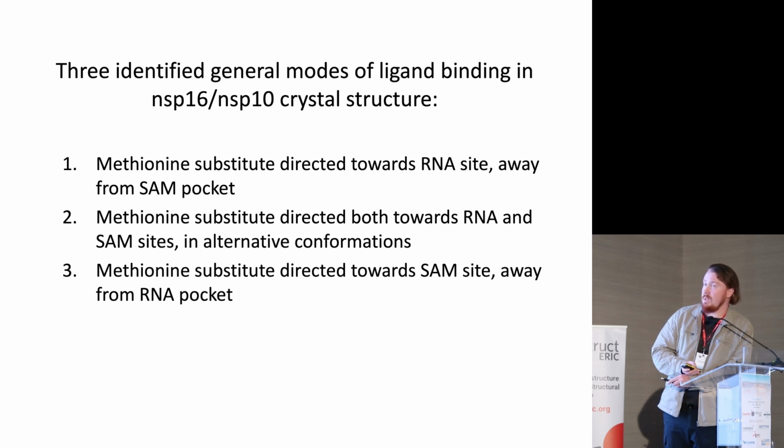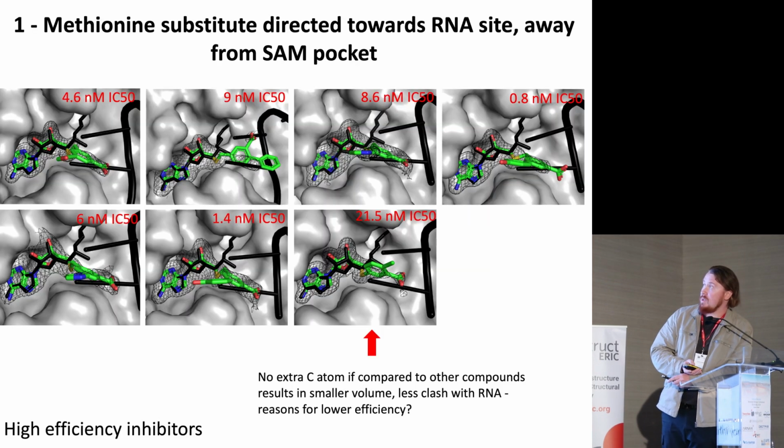The second is directed in an alternative conformation, both towards the RNA pocket and following the original S-adenosyl-methionine pocket. Or the third way, located just in the S-adenosyl-methionine pocket and not clashing with RNA. The largest group matched the first mode, where the methionine substitute part was directed towards the RNA site, away from the S-adenosyl-methionine pocket.